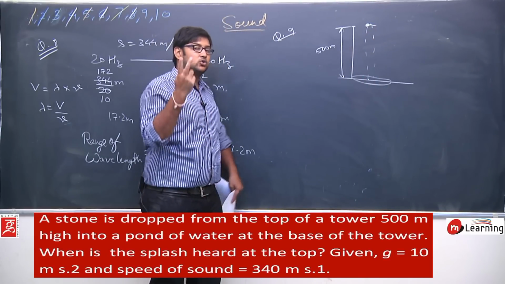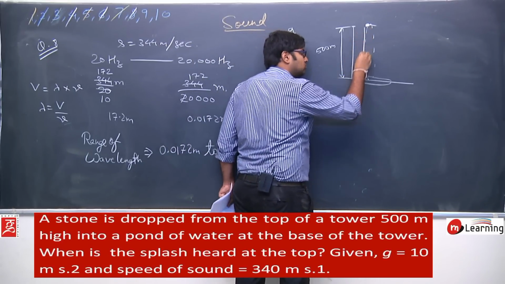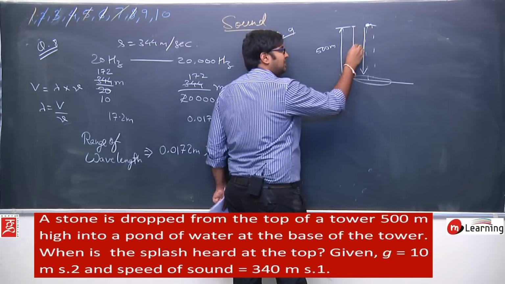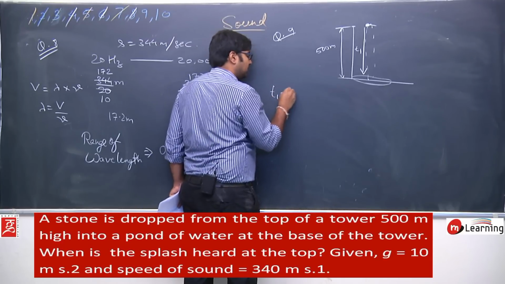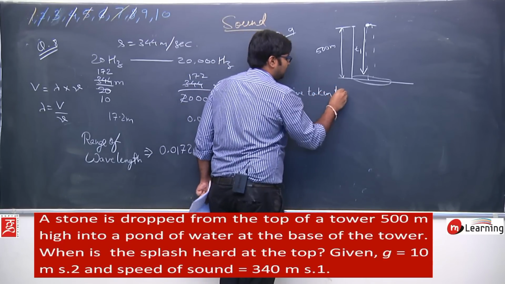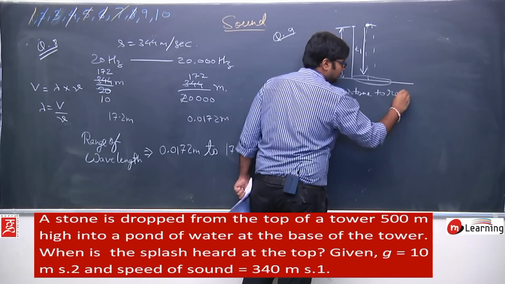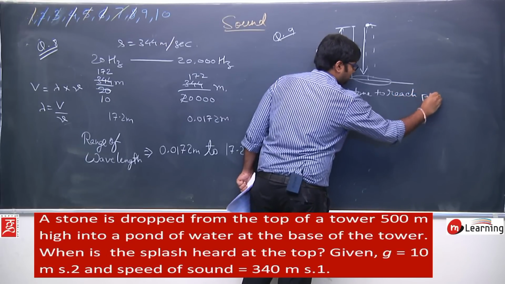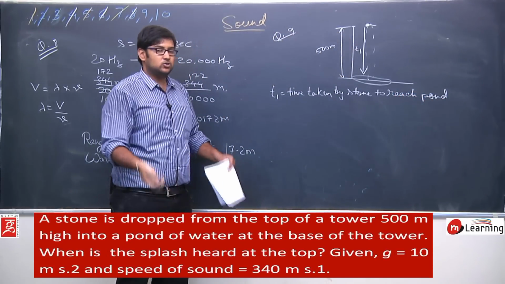So here you can see that two things are involved. First is the time for the stone to get to the pond. Let us say that is T1, the time taken by the stone to reach the pond, because the splash can be heard only after the stone reaches the pond.